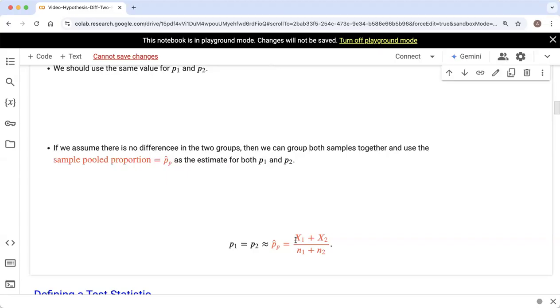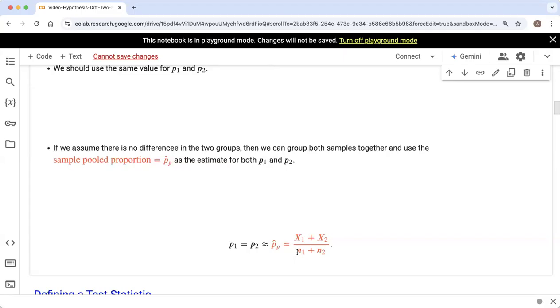Then we add to that all of the children from the other sample that got an ear infection, and divide by the total number of children in our first sample plus the total number in our second sample.